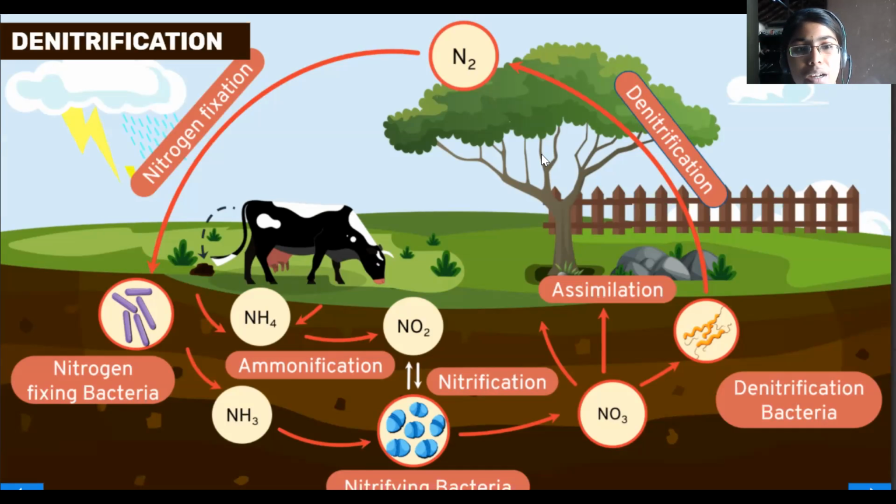You could number them 1, 2, 3, 4 and make a note on that. Can I repeat the process? Yes, sure. You could put 1, 2, 3, 4, and 5 in the diagram itself. The first one is nitrogen fixation, number 1. Second is ammonification.